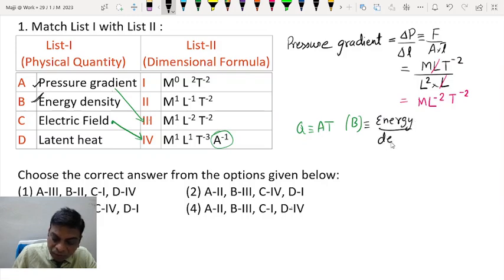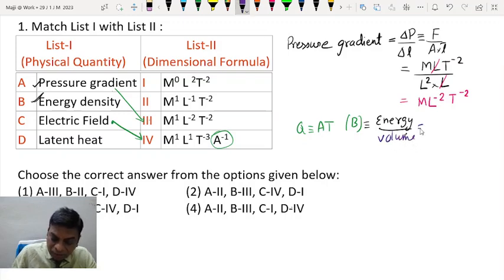Usually we use the word density to denote per unit volume. There could be linear charge density, charge per unit length, then surface charge density, charge per unit surface, but usually the word density is applicable for something per unit volume.